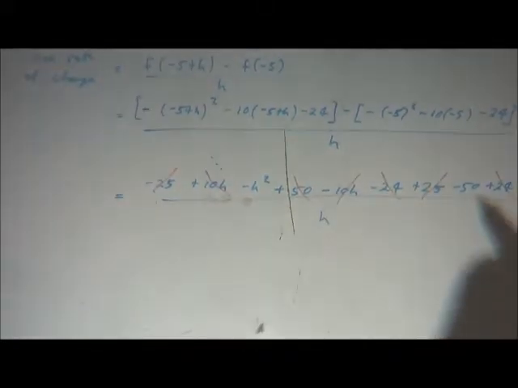And then we're going to cancel a few things out here. So this -25 cancels with this +25, -24 with that +24, +10h with -10h there. And there's also a +50 and a -50 right there.